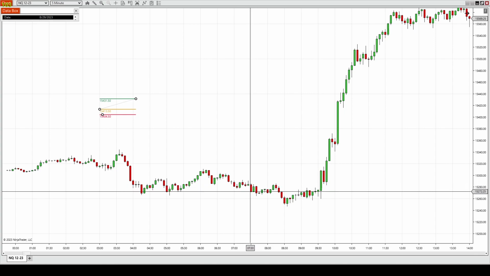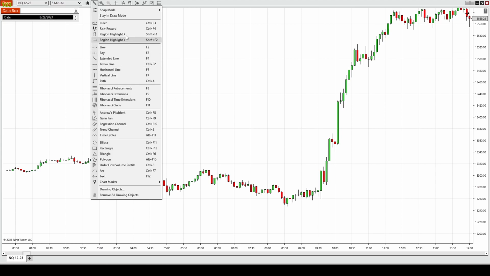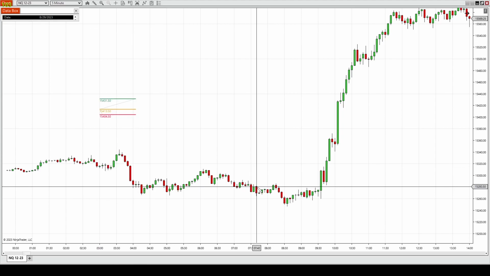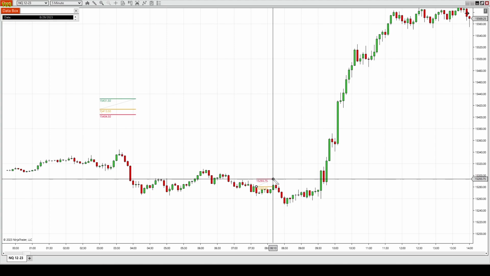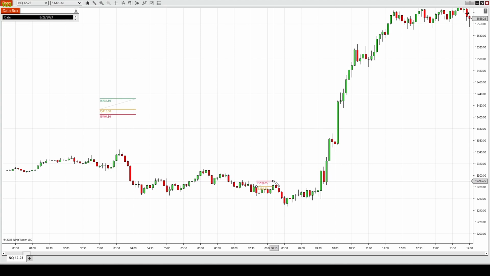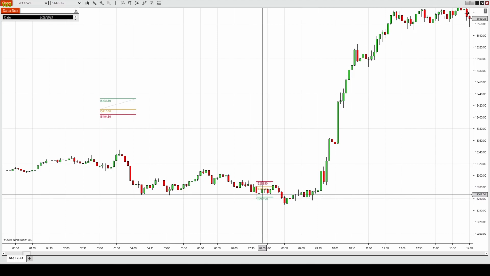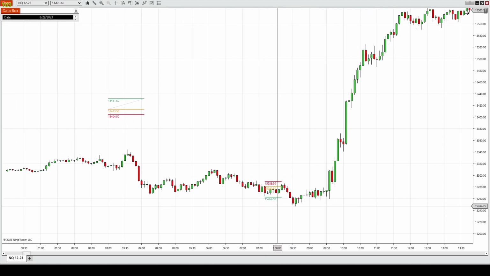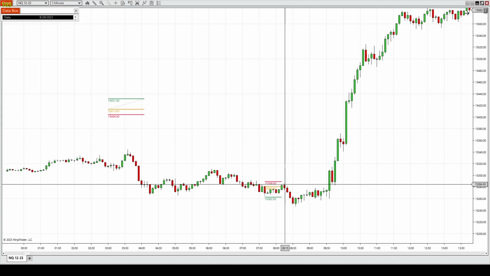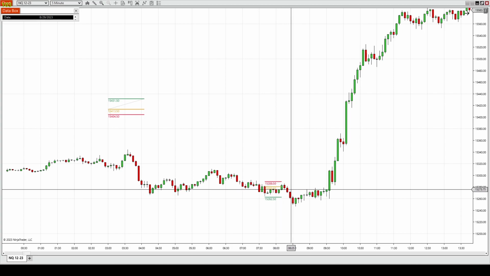So 84 down to 71. This is a great body to trade off of. So let's see how we do. We go to 89.5, and this will probably get stopped out only because of how much it pulls back, and that's completely fine.